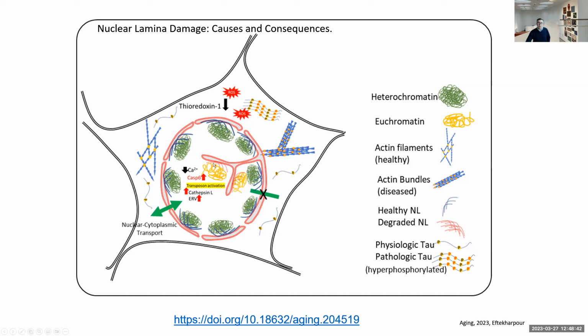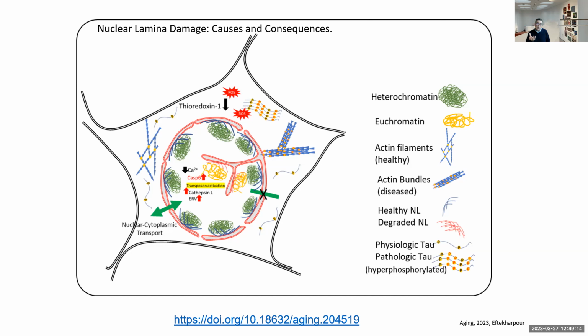The product of this would be decreased calcium and increased expression of the ancient retroviruses from the cells. And also the other factor that is happening is a blockage of the cytoplasm and nucleoplasm transport of the material. Altogether, this seems to be contributing towards a development of neurodegeneration.